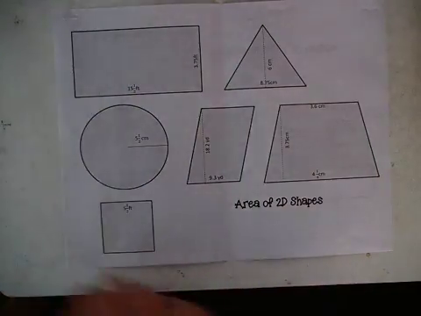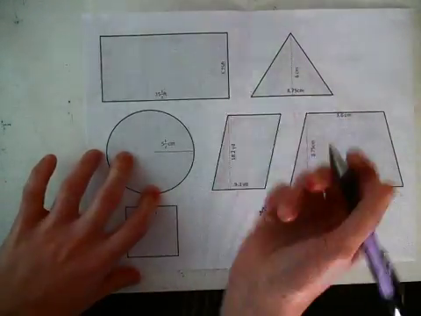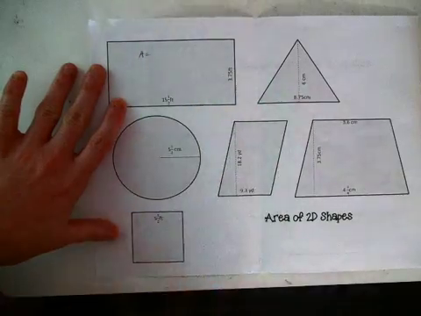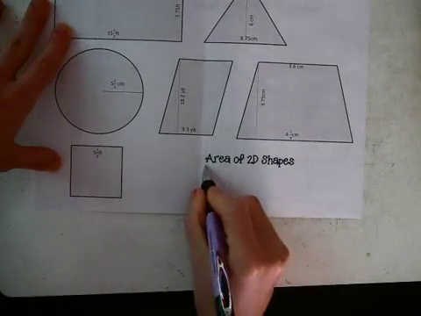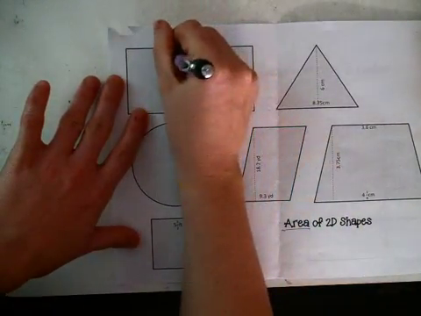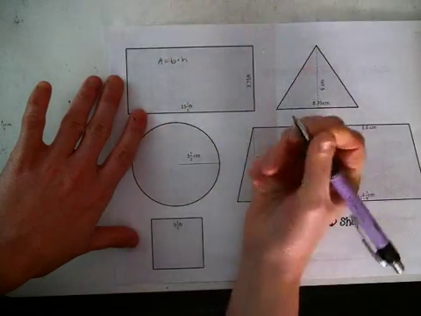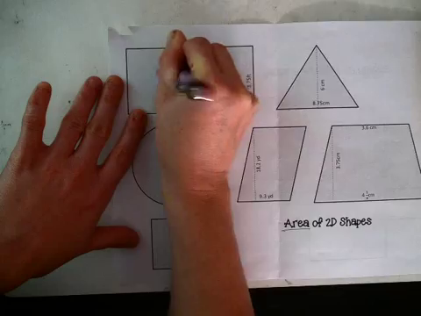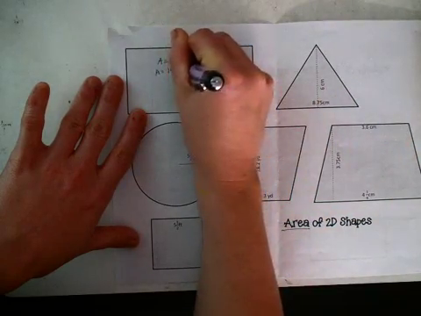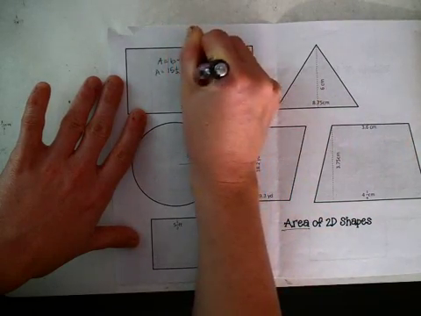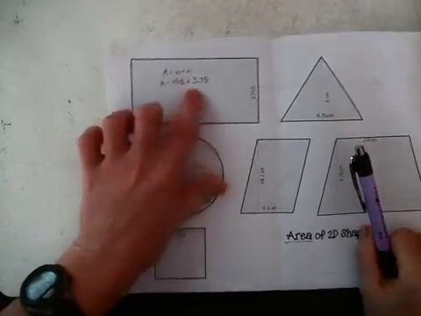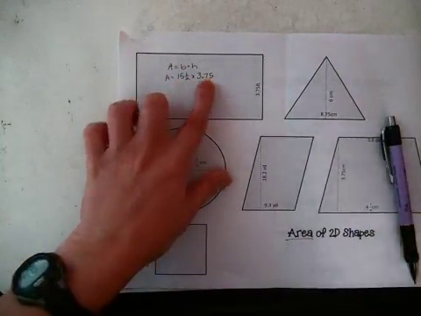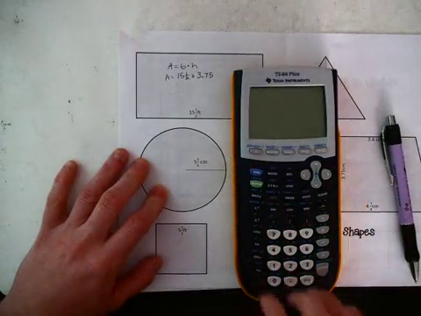So for the very first one, I'm going to just write it in the shape. A equals base times height, because we're finding area for all of these shapes. The base is 15.5 times the height of 3.75. They're different kinds of numbers. This is a mixed number, this is a decimal. It doesn't matter. We have a calculator that can do it.